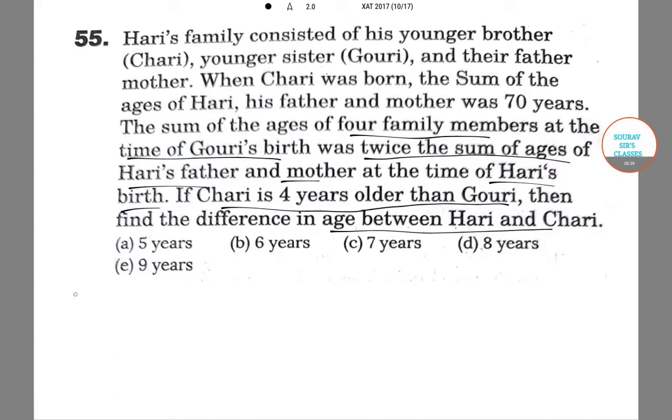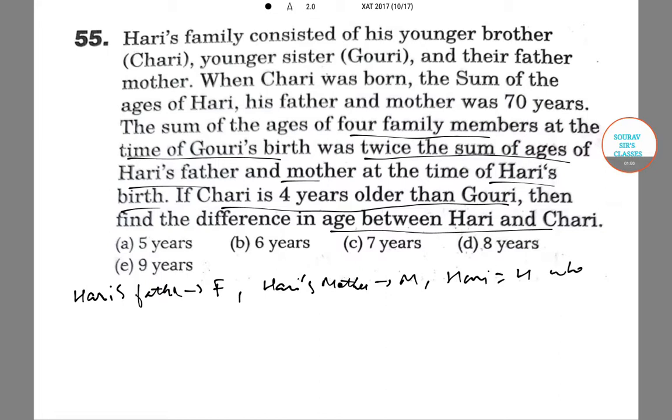So assume that the age of Hari's father be F, Hari's mother be M, and Hari is equal to H when Chari was born.